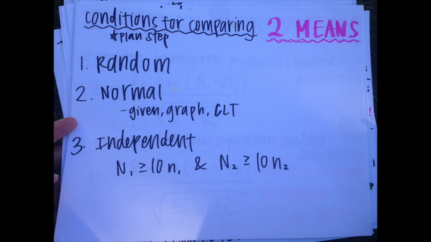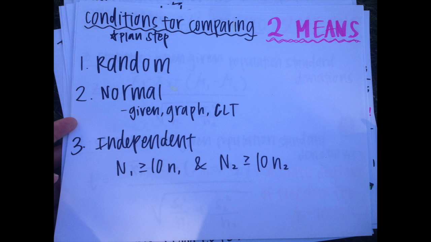And your second condition is normal, which is either given in the problem or you have to use CLT for both of the samples, and that states that both samples have to be 30 or greater, which means that the sampling distribution will be approximately normal. Or you can also graph each sample separately to see if they're approximately normal.